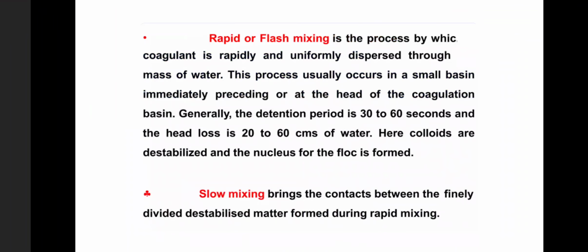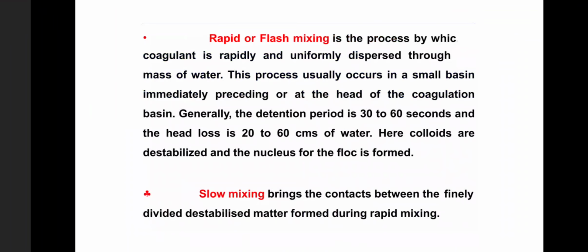Then later we allow it to float for 30 to 60 seconds. Then we go for the thorough mixing. At the end we can see the depth of water is reduced to 20 to 60 centimeter. It means the coagulation process has been done in a good way, and then the flocs are formed. Then we can remove the suspended solids which are arrested in the flocs. So this is how rapid mixing helps.